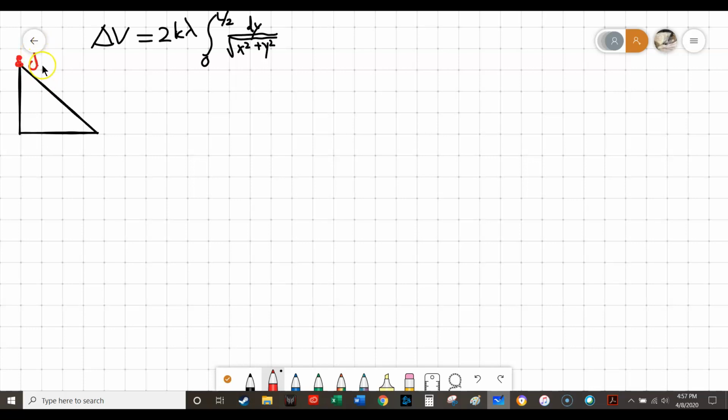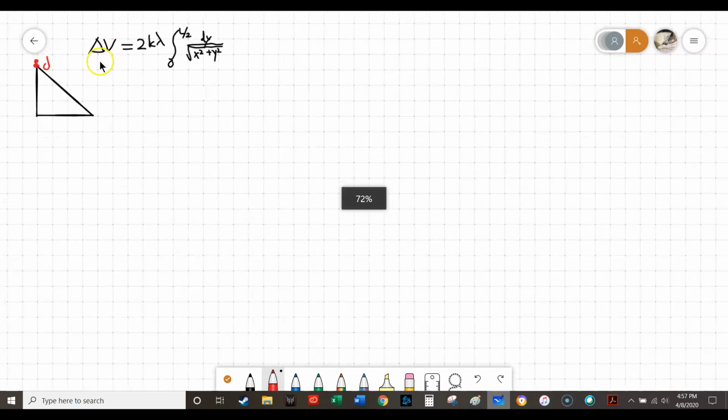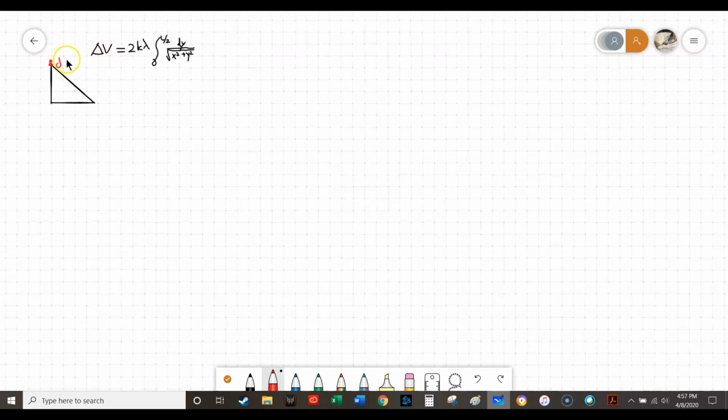Let me zoom out a little bit. I'm not sure why it's not allowing me to write a little q there. There we go. So that was our little chunk that we identified.